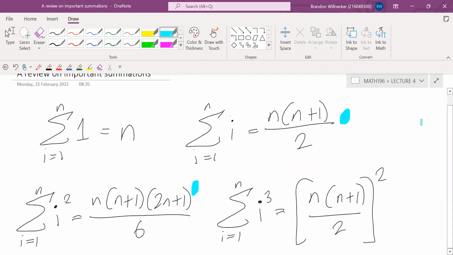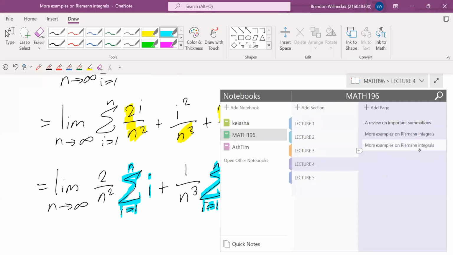The sum of i is going to be n times n plus 1 over 2. The sum of i squared is going to be n times n plus 1 times 2n plus 1 over 6. And then that last one we needed was the sum of 1, and that's just going to be n. So we need these three to substitute. Let's do that.